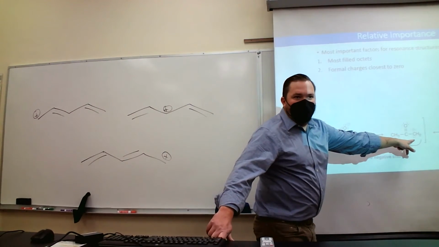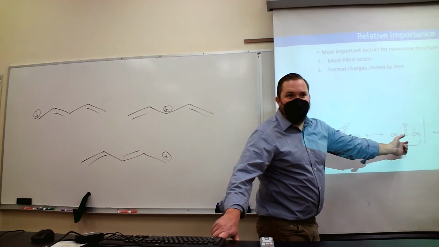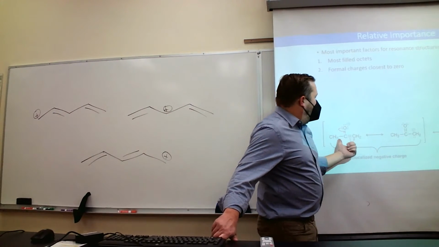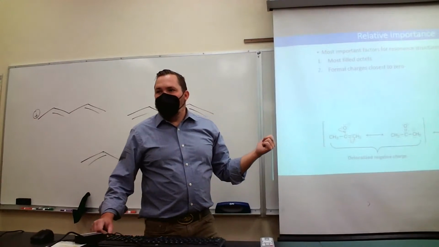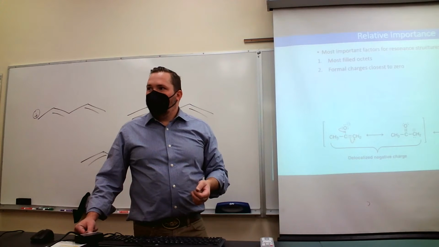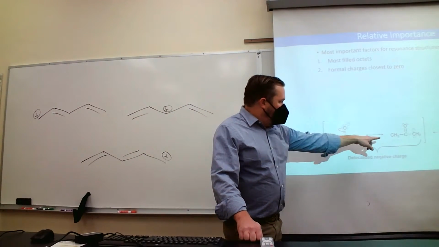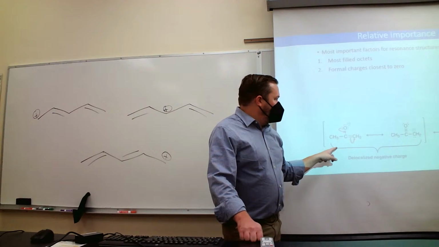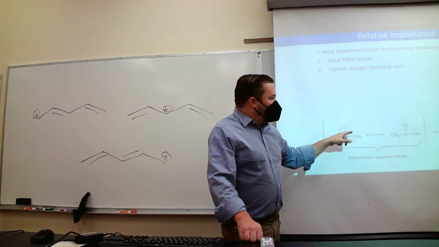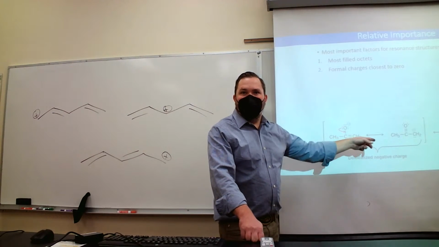You still have a negative charge over here, because you started with a negative charge. You can't get the formal charge to 0 in this case, because the whole molecule has a charge. But these two are going to be significant contributors because you are just moving that negative charge back and forth. Everything still has a full octet in both of these.